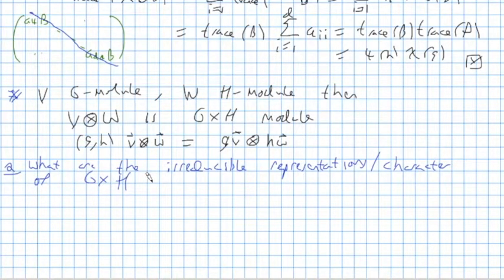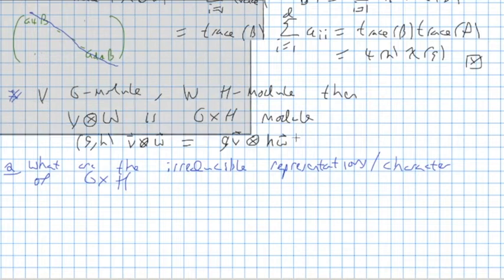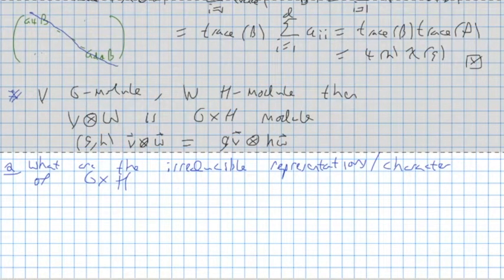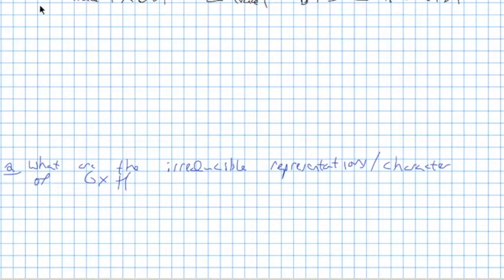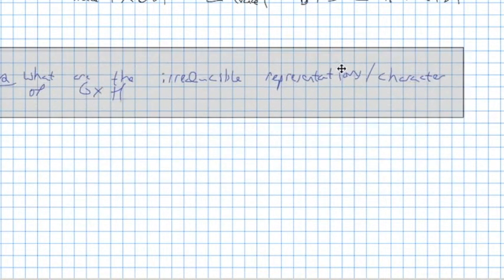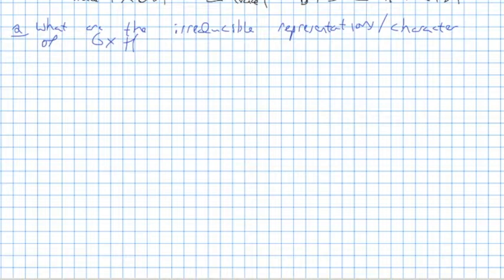Okay, so that's the next question we're going to answer. Let's think about it for a second. Okay, so our next result shows that they come from taking the tensor product of irreducible representations of G and H, and there's nothing else.